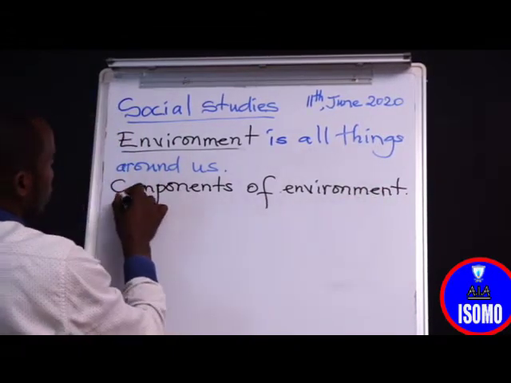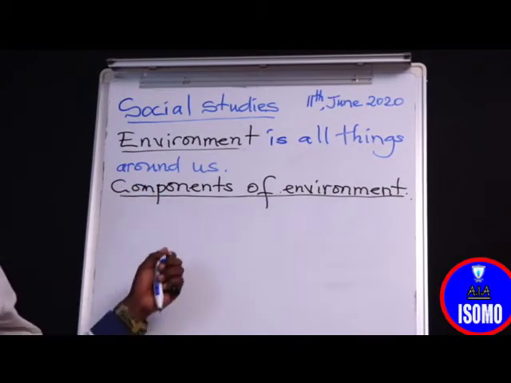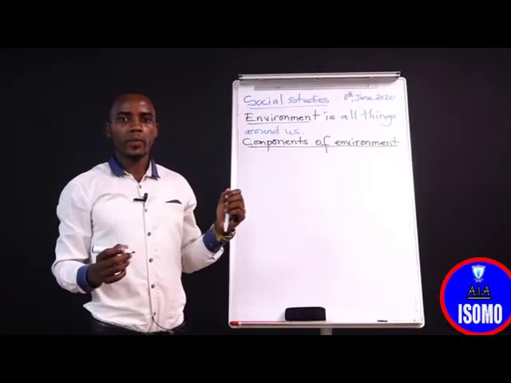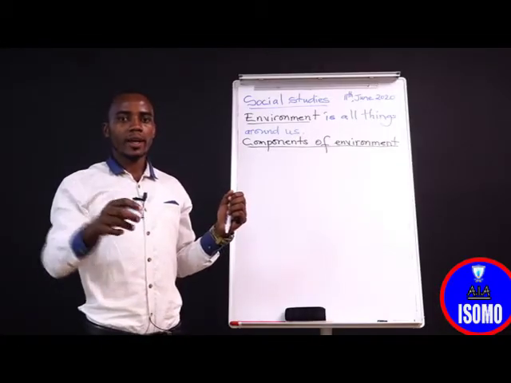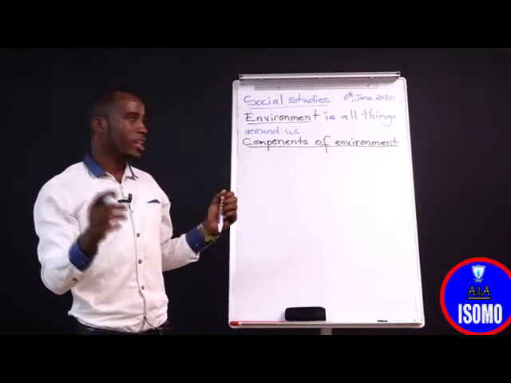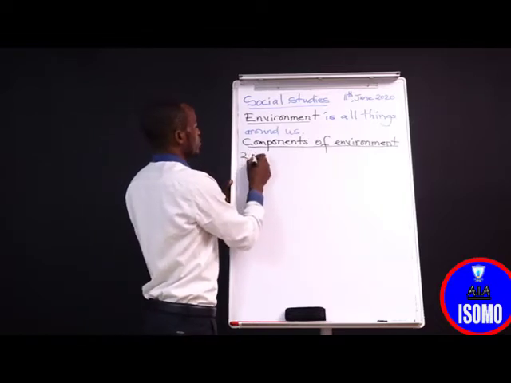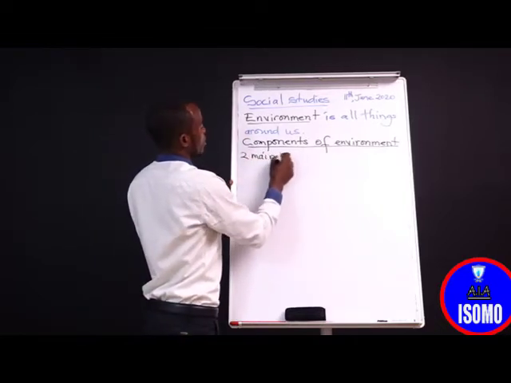Components of environment. When you say components, this is to mean things that the environment is made up of. Environment is made up of two main components.